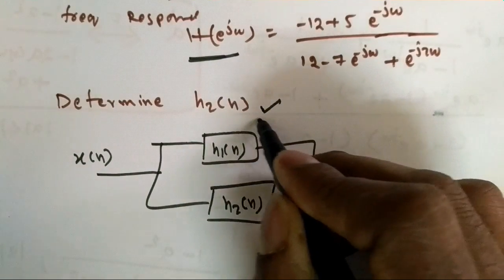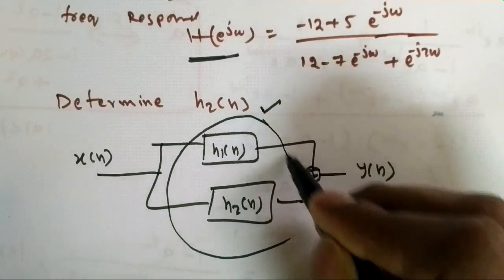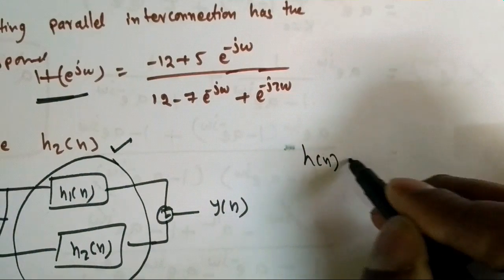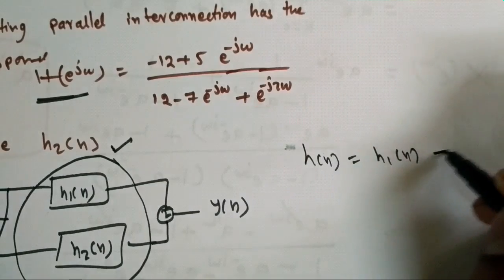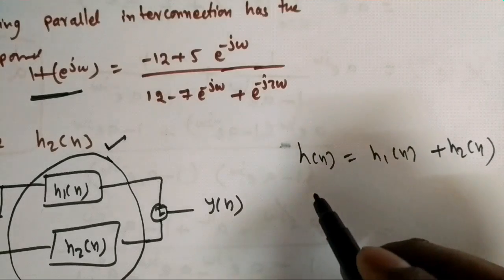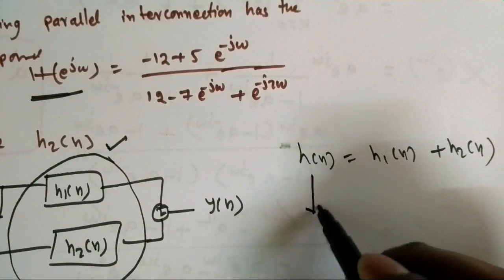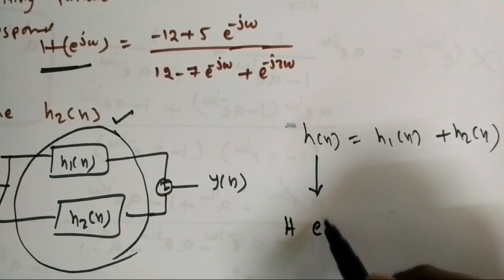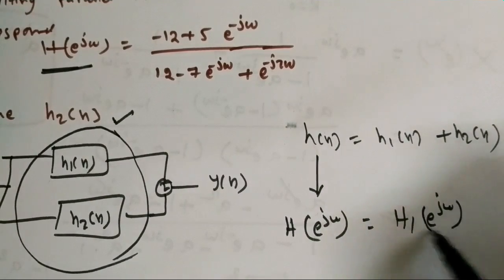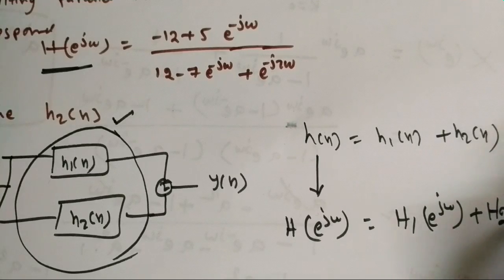Now if we want to find the overall impulse response, we already discussed, it is nothing but h[n] is equal to h1[n] plus h2[n]. Right? Now if I take the Fourier transform, this will become H(e^jω) is equal to H1(e^jω) plus H2(e^jω).